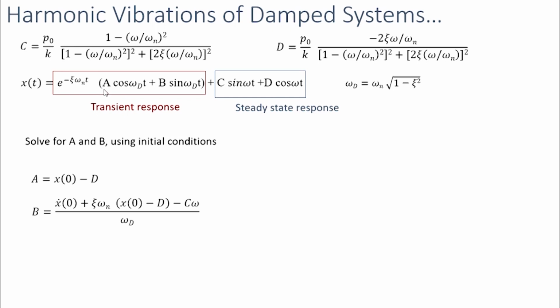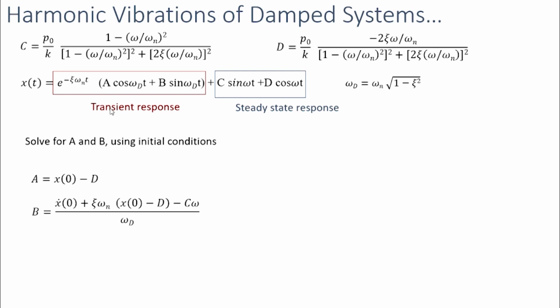So as we did earlier, we can calculate the constants A and B using the initial conditions. So we have the initial displacement and initial velocity. We can find the velocity expression by differentiating this once and substitute the initial velocity value in that, and then we will have two equations.